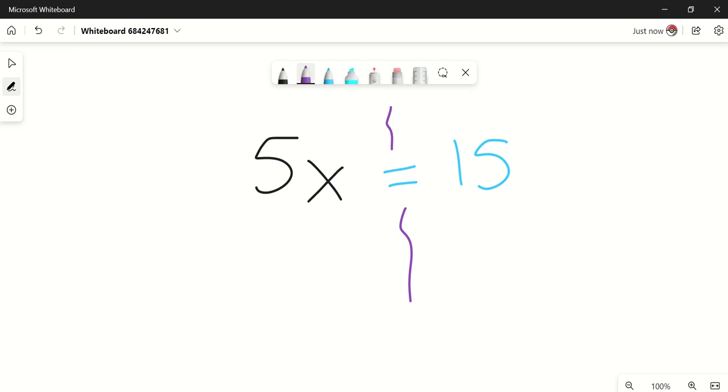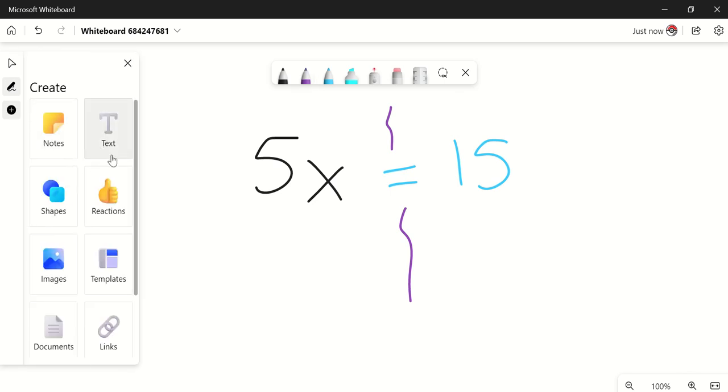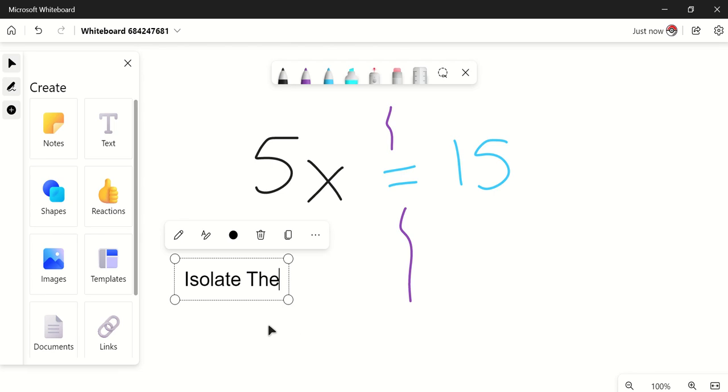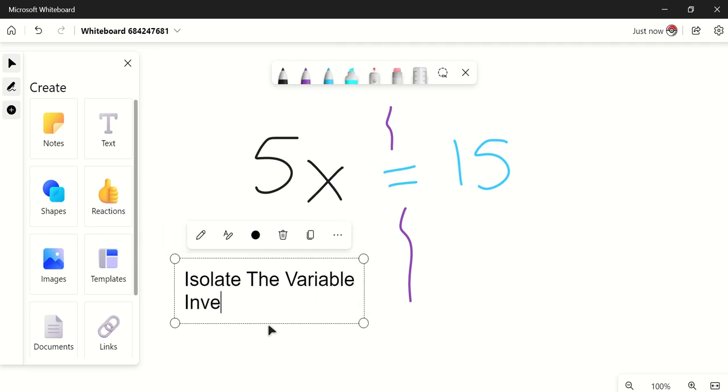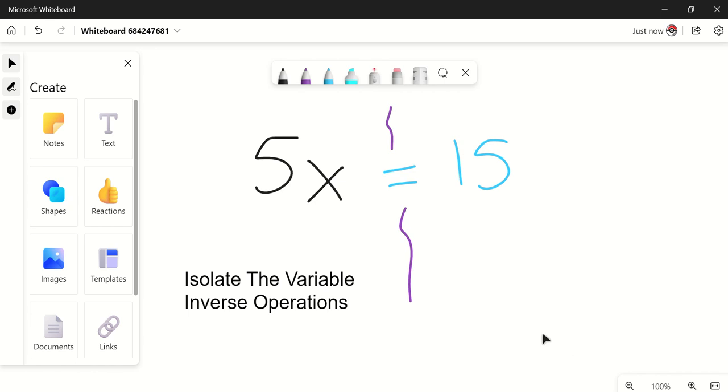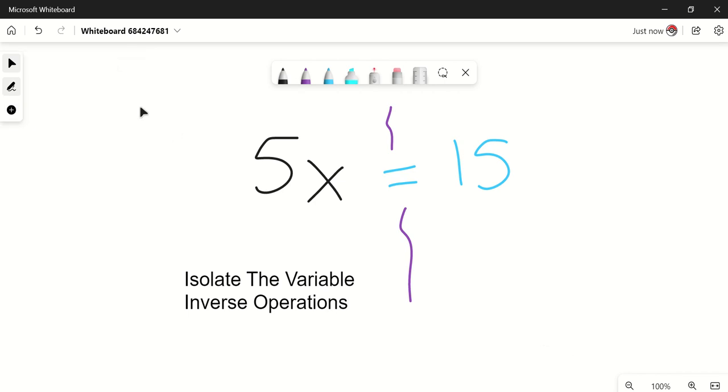To do the opposite of what math is happening, it's called the inverse operation. I will type up the two things that I just told you guys. So we want to isolate the variable, and we do that by doing inverse operations. Another way of saying inverse operations is just the opposite of what's happening.